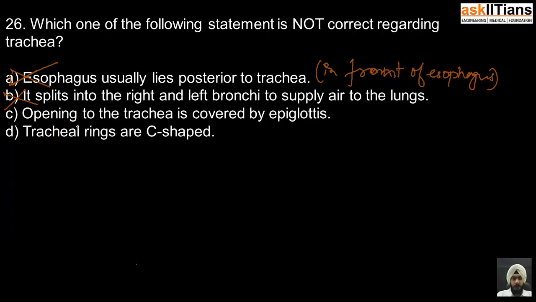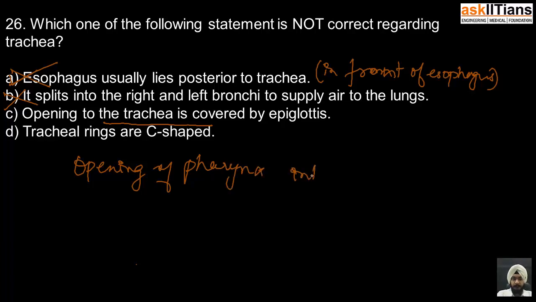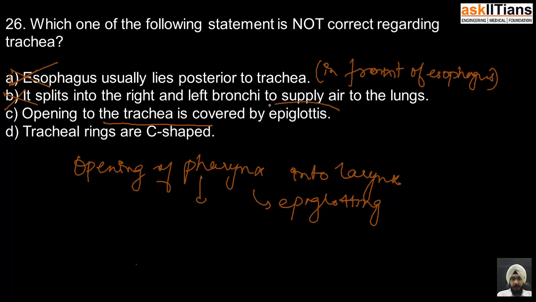The next one says opening to the trachea is covered by epiglottis. So here it is a catch, we can get confused. It is the opening of pharynx into larynx which is governed by epiglottis, because pharynx is a part of both respiratory as well as digestive system. It has a muscular structure called epiglottis which governs the opening of pharynx into larynx.